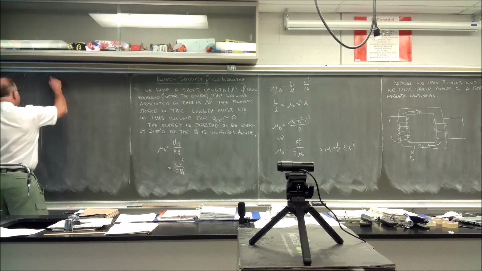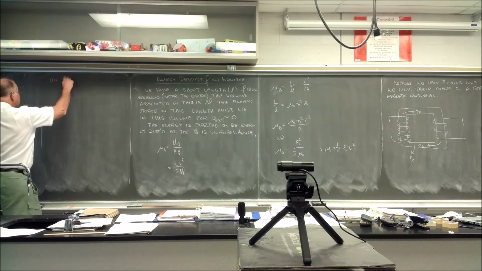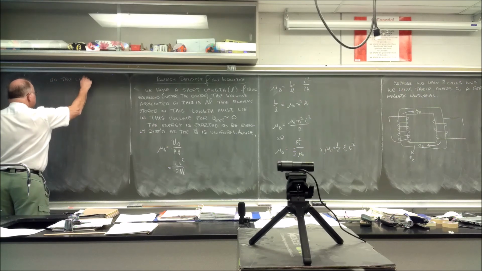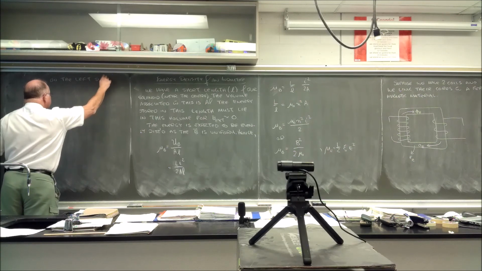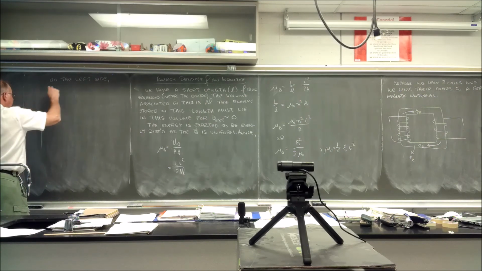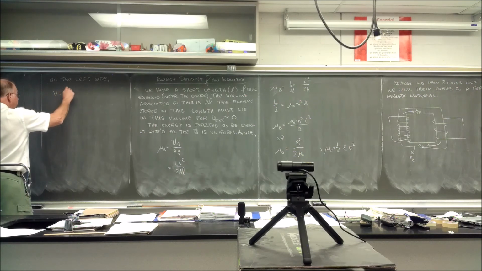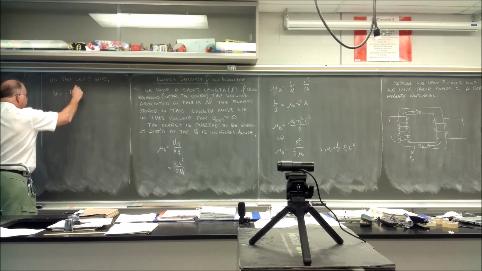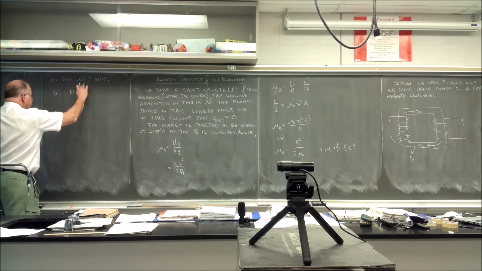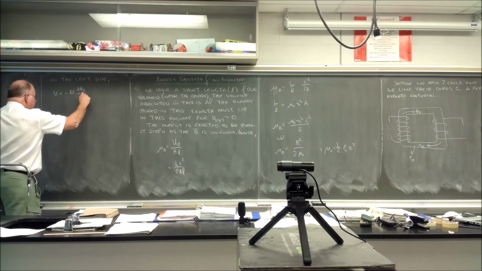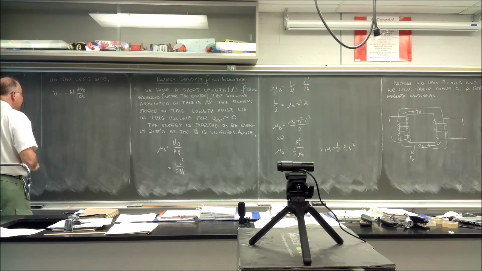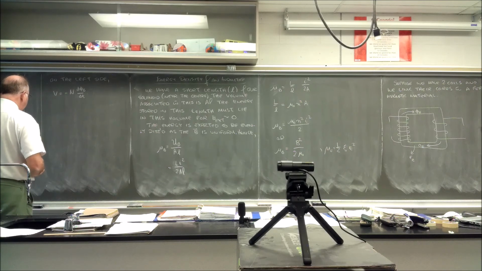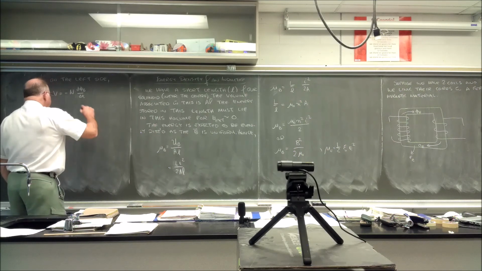On the left side, we'll just use the original version of Faraday's law: V is equal to minus N dΦ_B/dt.